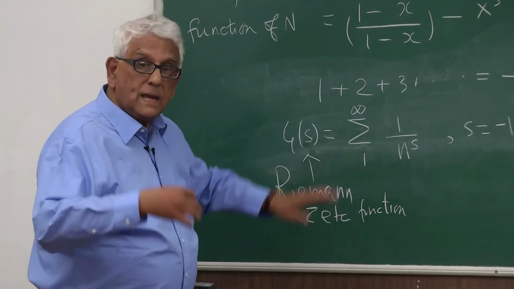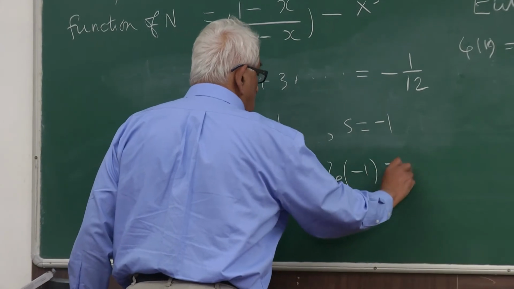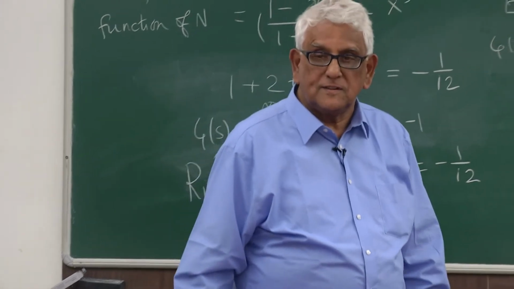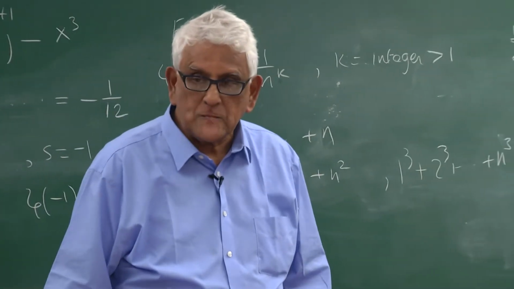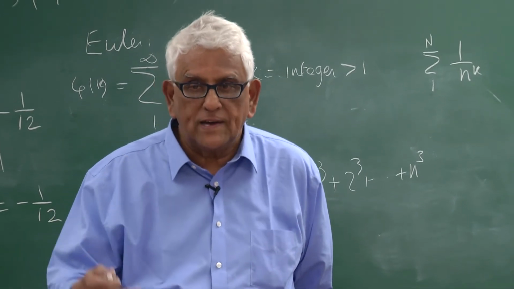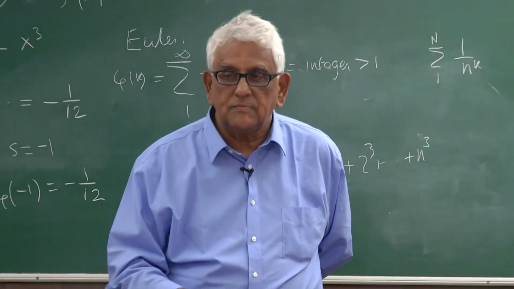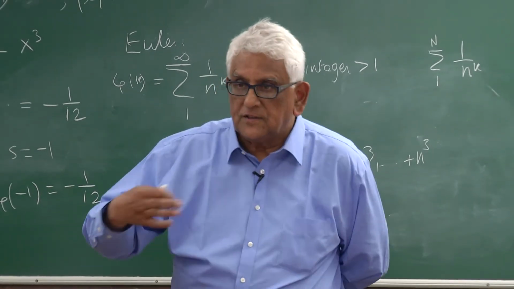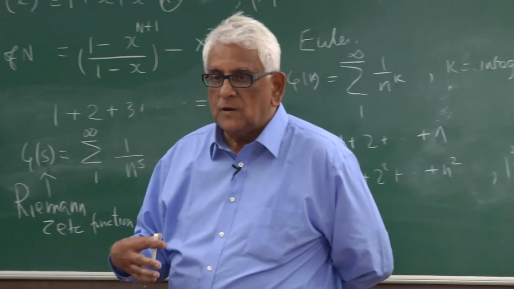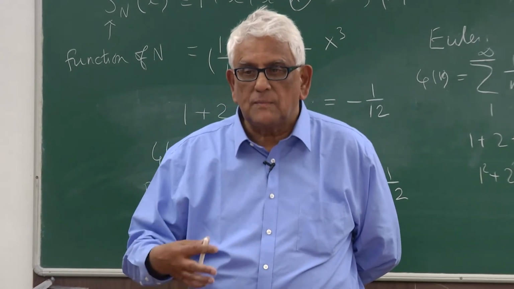And what people were able to prove, that zeta of -1 is -1 by 12, which is the result written down by Ramanujan. So this zeta function was used by Hawking to make sense of a determinant of an infinite matrix. So the zeta function is quite a prominent player in the world of mathematics. It's related to number theory, and it shows up all over the place.